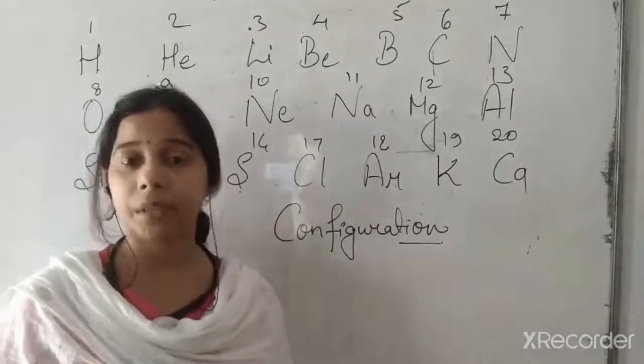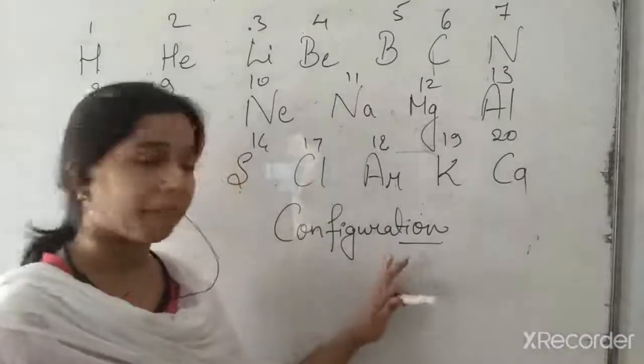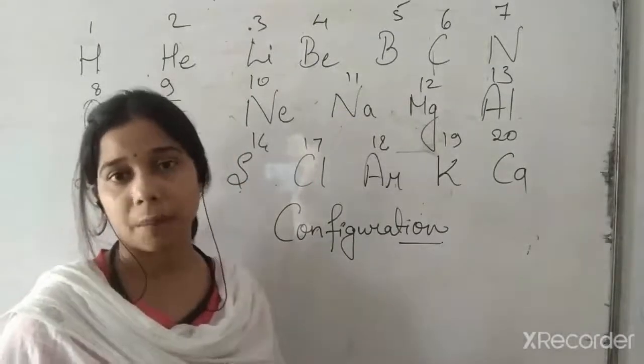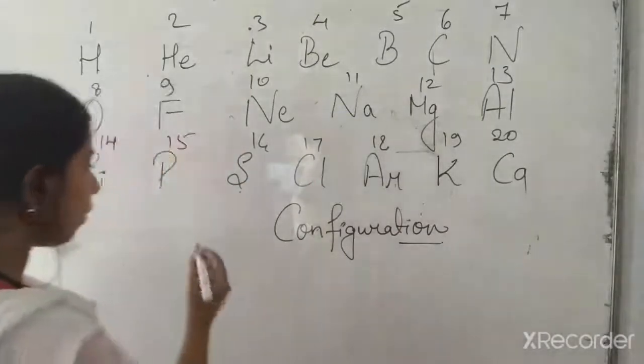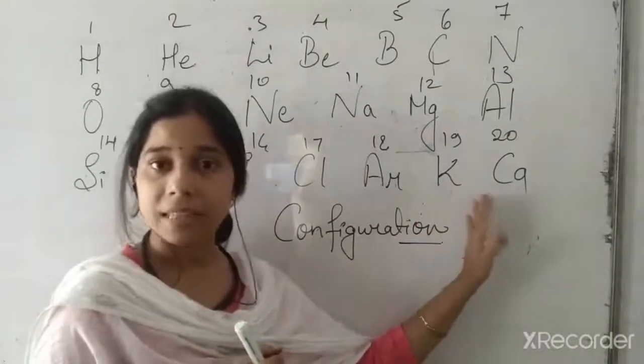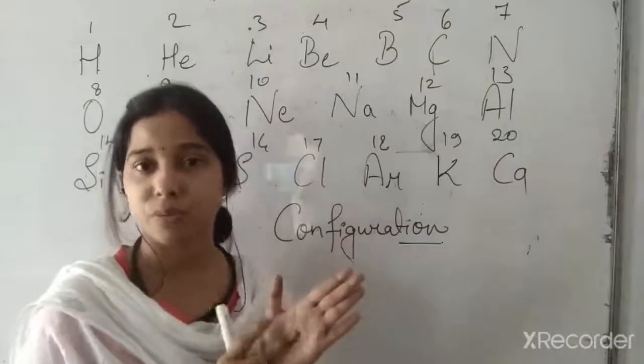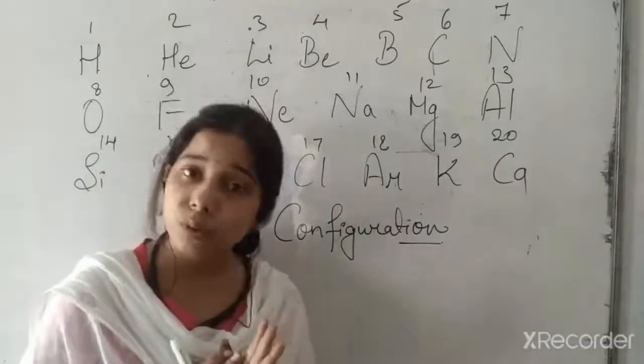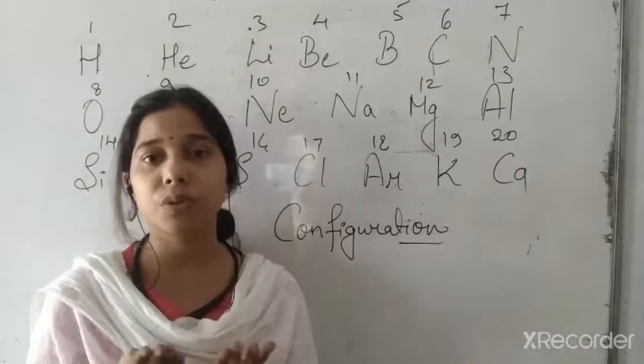Now how will we divide it? To configure it, there is one formula. Actually, these atoms consist of electrons, protons and neutrons, and the electrons are present at the outermost shell.